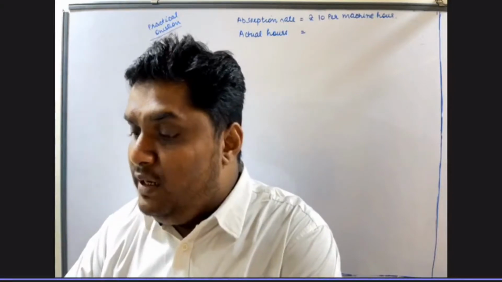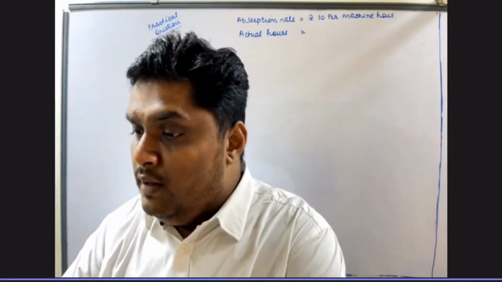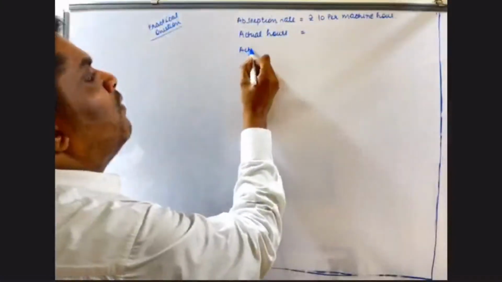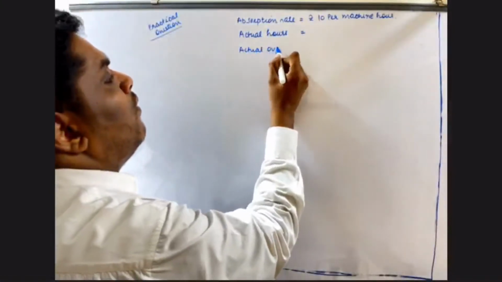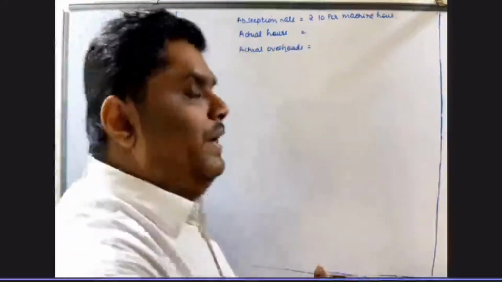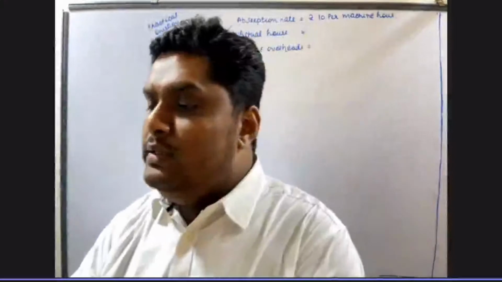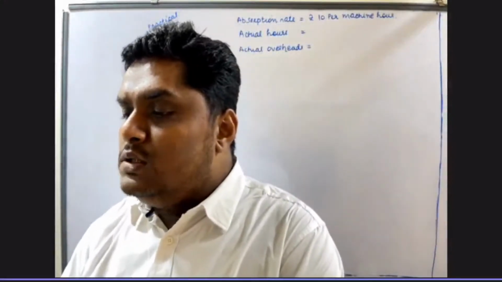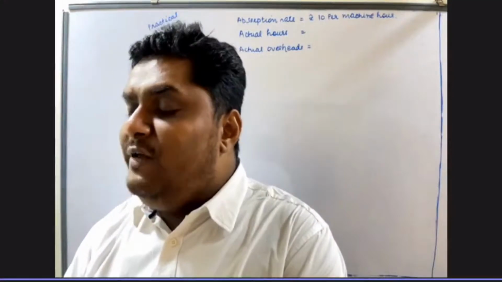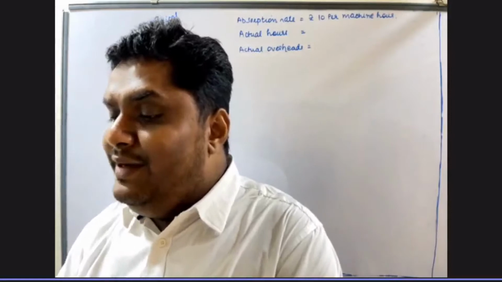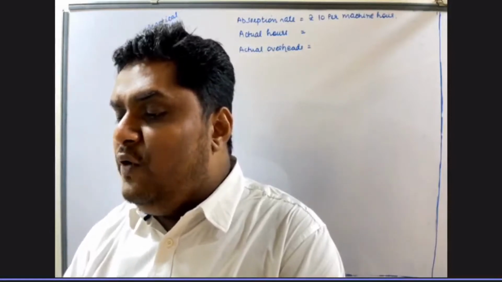period under an award. So when talking about actual overheads, we'll take the normal actual overheads. Herein it is given that it includes 45,000 on account of return of obsolete stores and 30,000 being the wages paid for the strike period. So these are not the normal items.